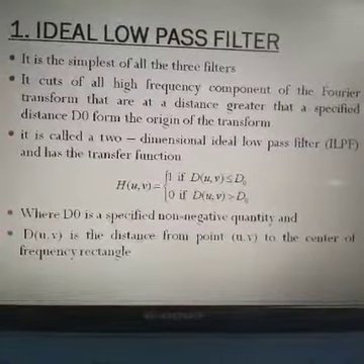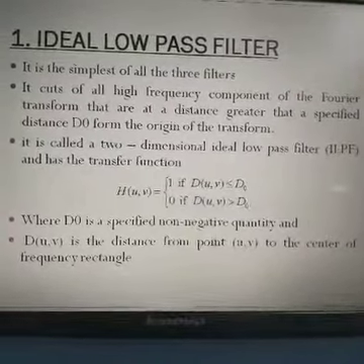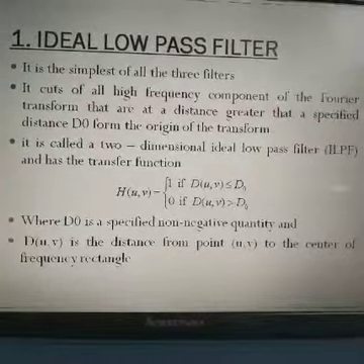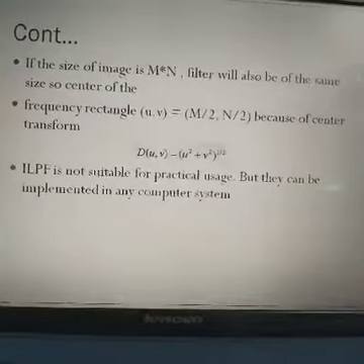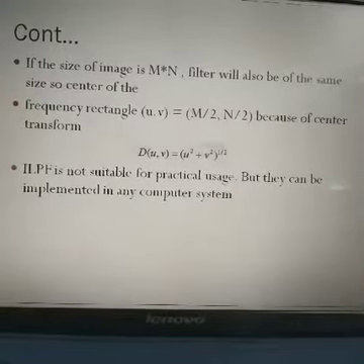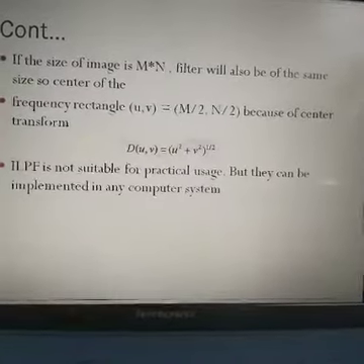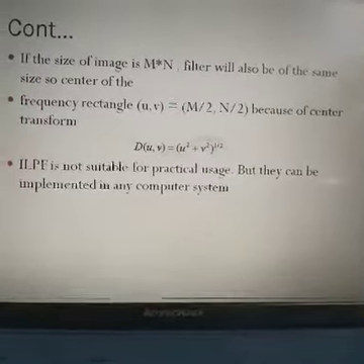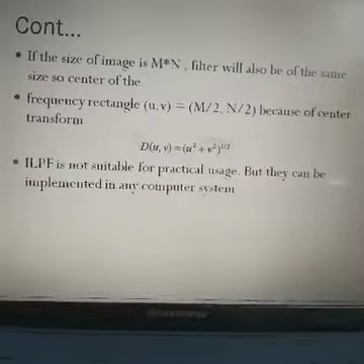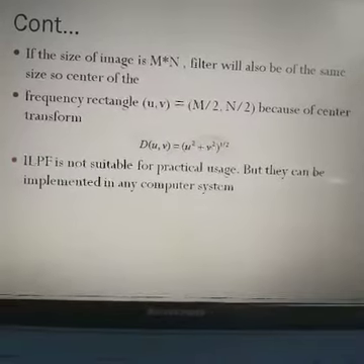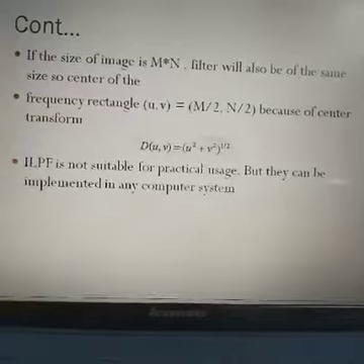By calculating the distance factor, we calculate the filter value, and the filter we take is the same size as the original image, that is M into N, and we can calculate the frequency rectangle, that is (u,v), by M divided by 2 and N divided by 2. Because it is the central transformation, we compare the transformation with respect to the center, so the distance is calculated by square root of u square plus v square, clear.